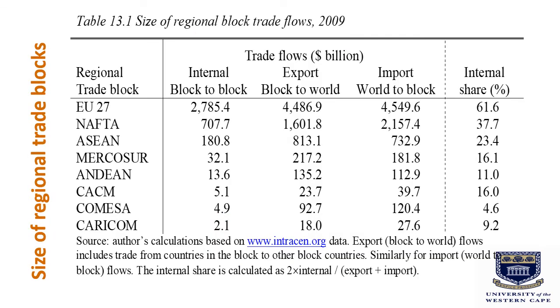If we then compare the regional trade blocks between each other, we find that the EU actually dominates in terms of the trade from block to block, meaning from one country in the block to another country in the block. It even dominates the exports from what happens within the block and then sent outside towards the rest of the countries of the world.